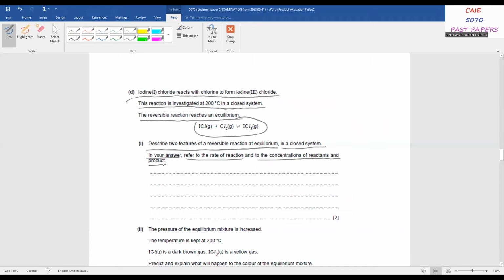It's very easy. Any reversible reaction reaching a dynamic equilibrium state in a closed system will always have the rate of forward reaction equal to the rate of backward reaction. So you can write rate of forward reaction is the same as the rate of backward reaction.